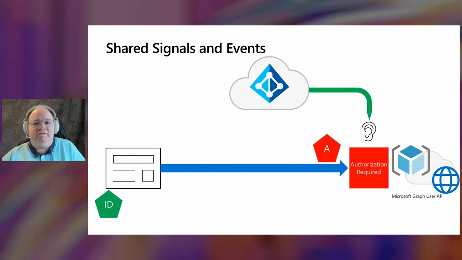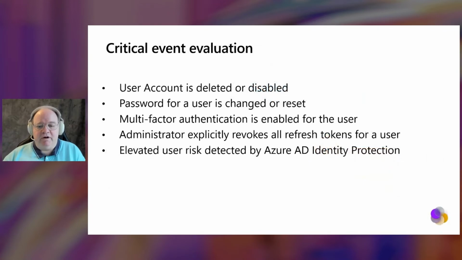Now, what's changing for you as an application developer, I should mention the types of events that we would use to revoke that token, if you will, or revoke the ability of that token to access Microsoft Graph, could be things like the user's changed their password, maybe the user's been deleted or disabled. We even can use things like our Azure AD Identity Protection.